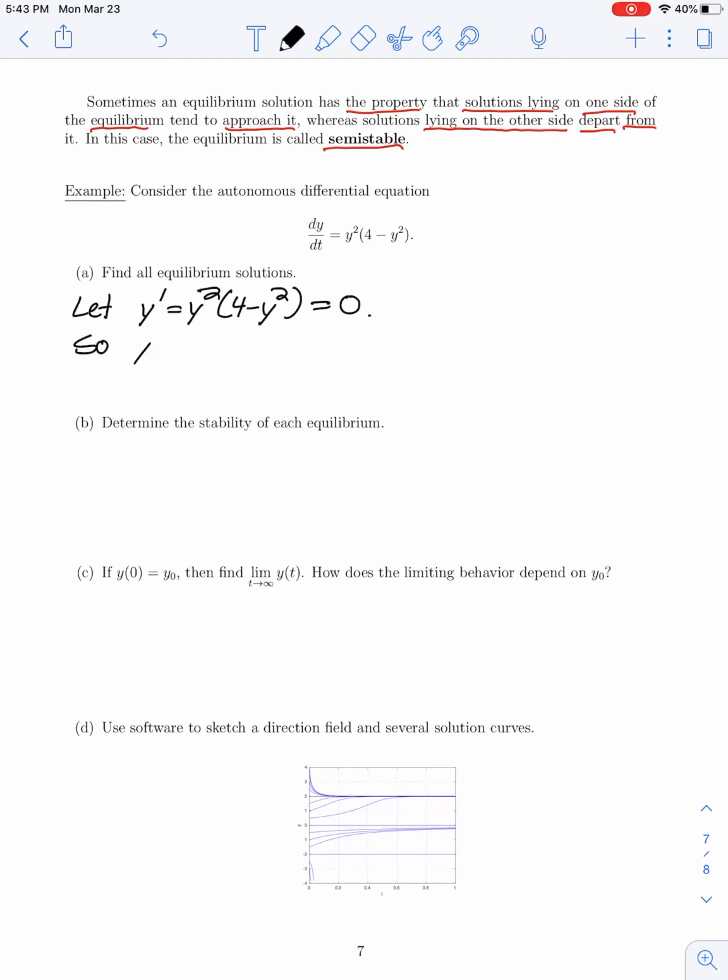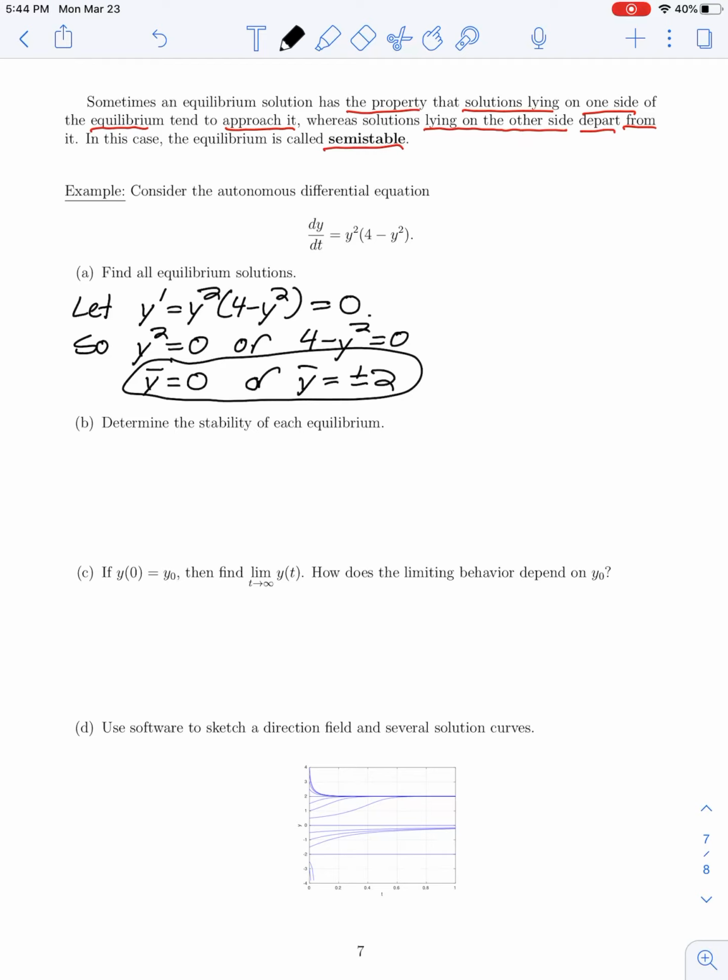So solving for y, we find, well, either y squared is 0 or 4 minus y squared is 0, which means that either y could be 0 or y could be plus or minus 2. So altogether we have 3 equilibrium solutions, 0 and positive or negative 2.